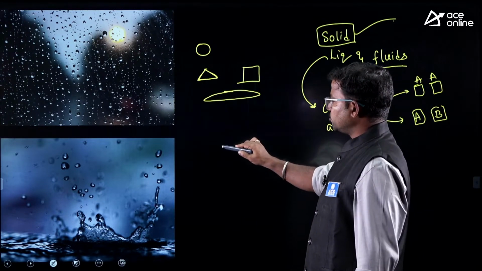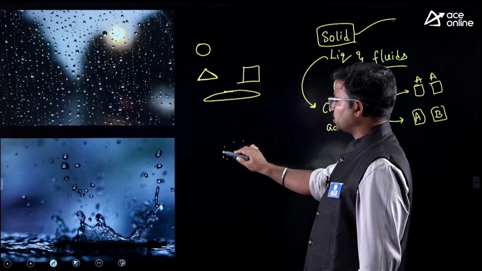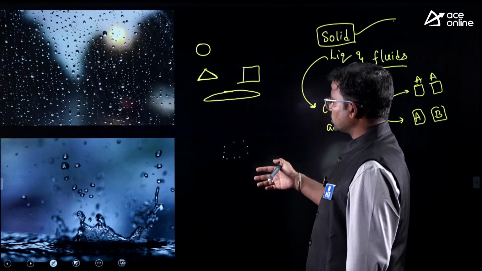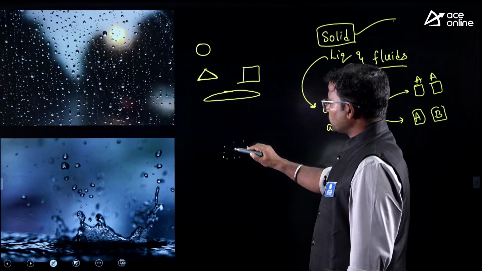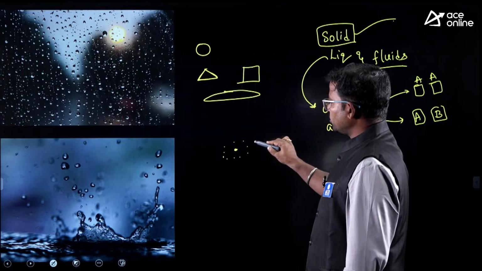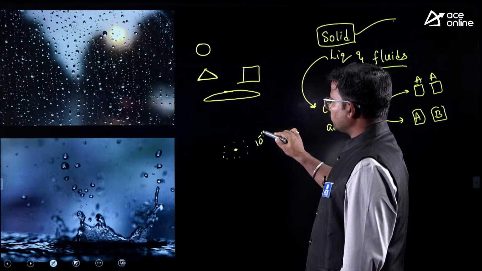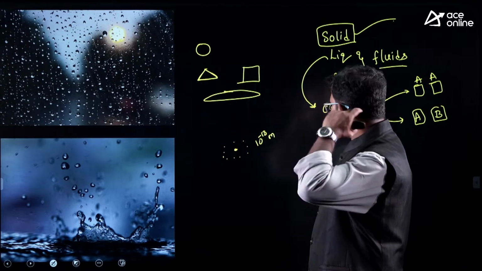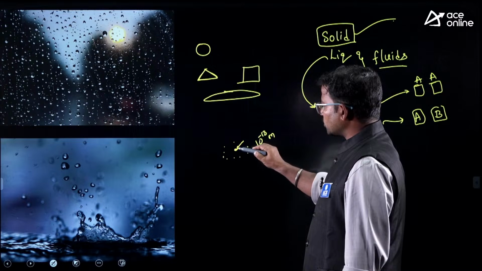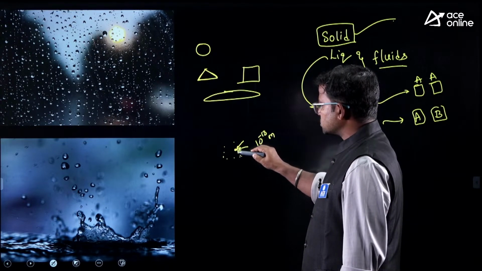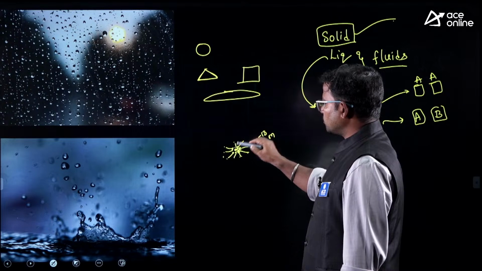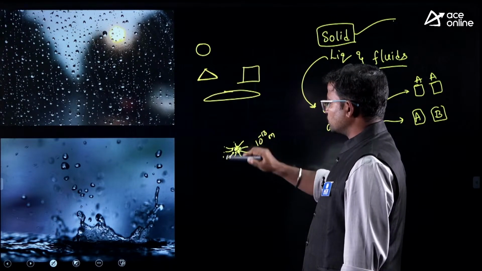If you consider water molecules, or if you pour water on the floor or the surface, here we have a number of water molecules, around 10 power minus 10 to 10 power minus 13 meters. Almost all these water molecules are attracted towards the center molecule. Why?